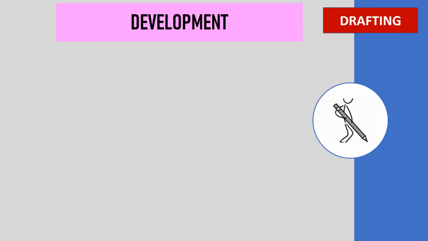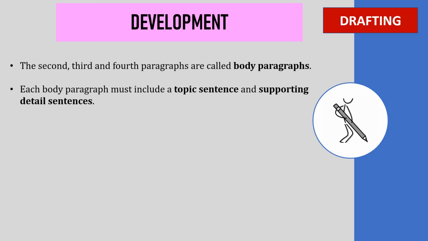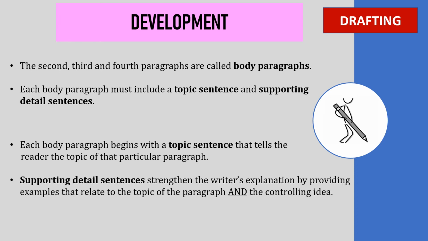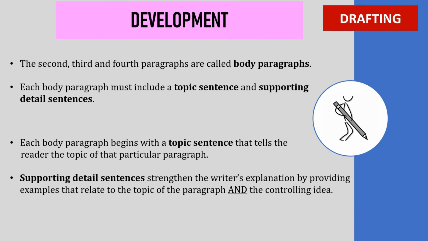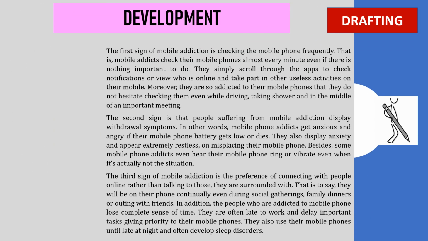And then the development is also called the body, and it consists of the second, the third, and the fourth paragraph. Each of these paragraphs must include a topic sentence and supporting details, of course with examples. So each body paragraph begins with a topic sentence. These are the body paragraphs of the example we are applying in this lesson.